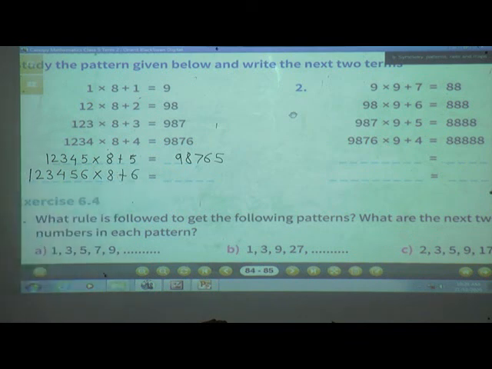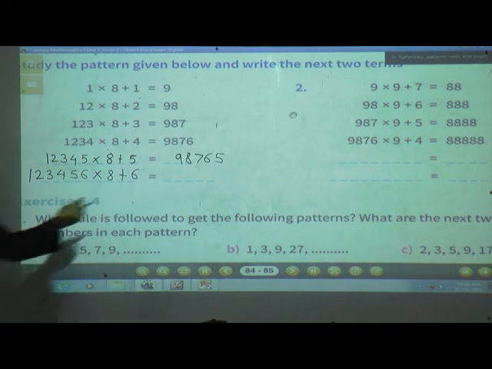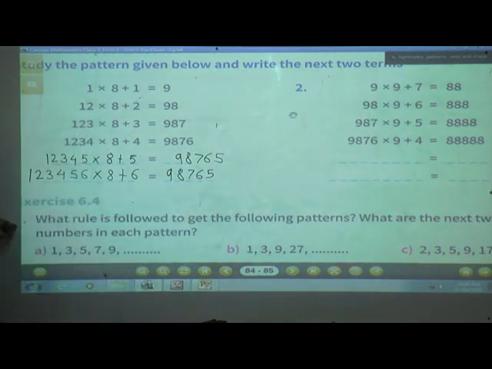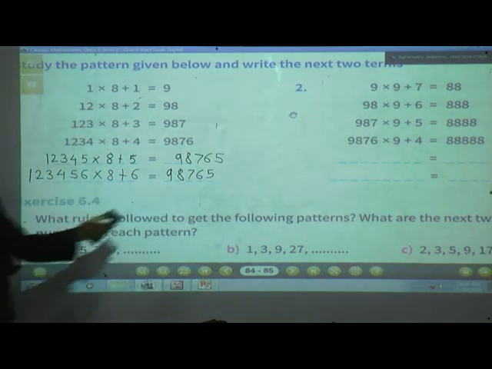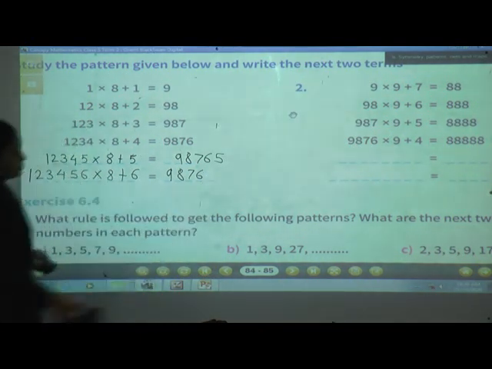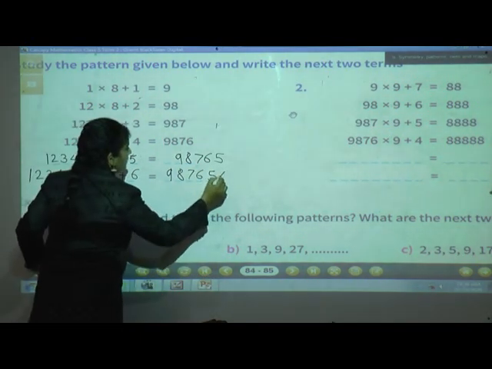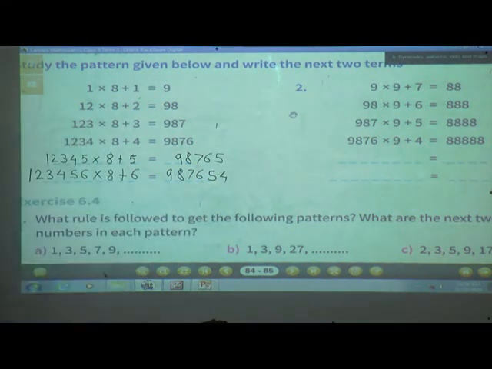Okay, so what will be the answer? Yes students, 5 and 4. Do the multiplication and addition, so you will get the answer.